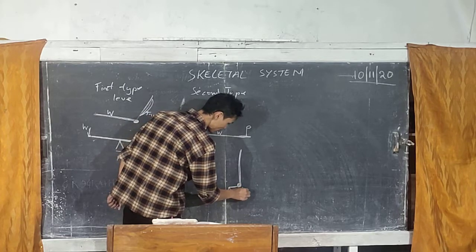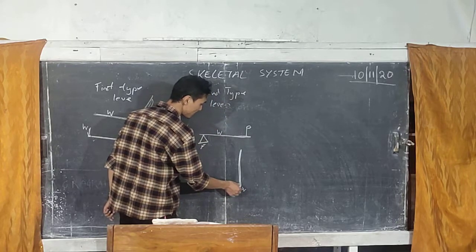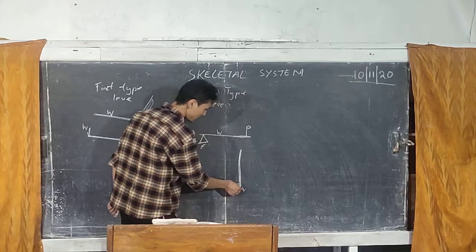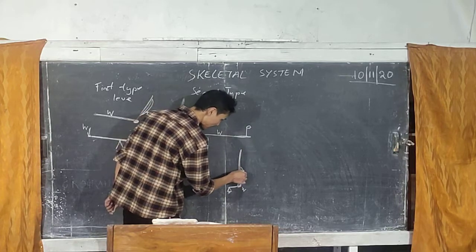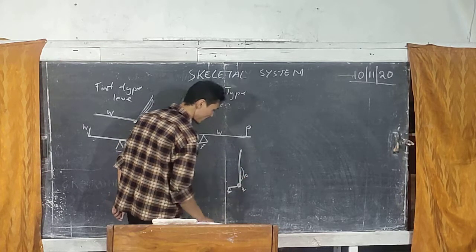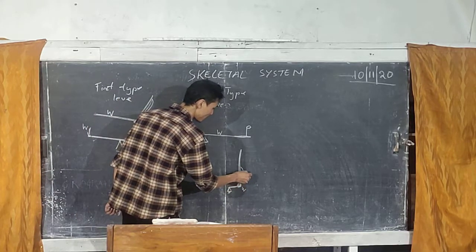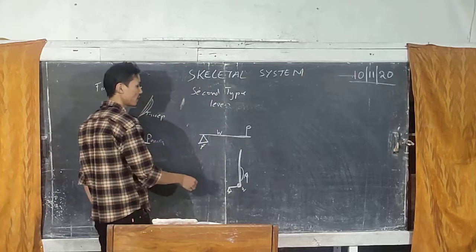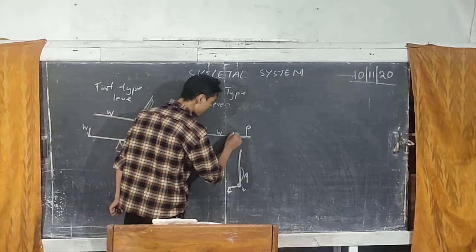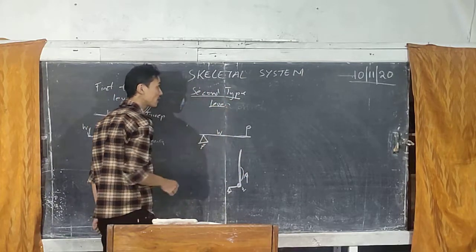This portion becomes the weight, that means the joints from the ankle towards the entire leg, and the calf muscles provide the power. Because of the contraction of the power, you are able to lift the entire body weight above. So the muscles of the calf represent the second type of lever.